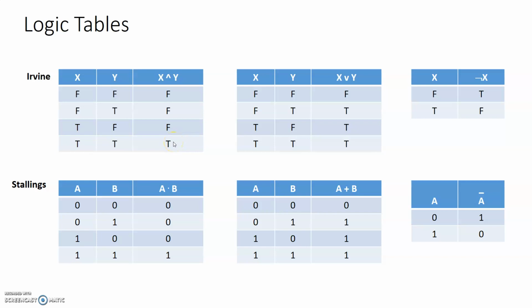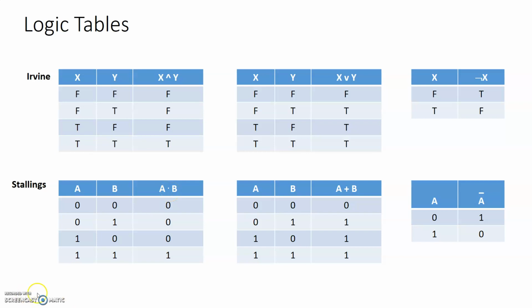The notation used for and is different between the Irvine book and the Stallings book. The Irvine book has this caret, which, by the way, on the keyboard, is over the number 6, so Shift 6 will give you that. The Stallings book uses a period.